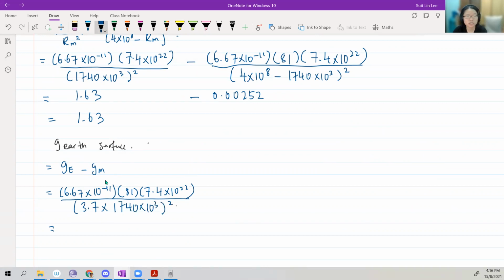Of course, you could say, teacher, I can use ratio, can. You can use ratio with 1.63. But I already keyed in my calculator, so I just press the reverse button. I can input all these values.